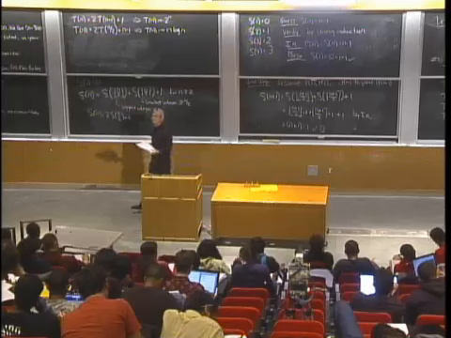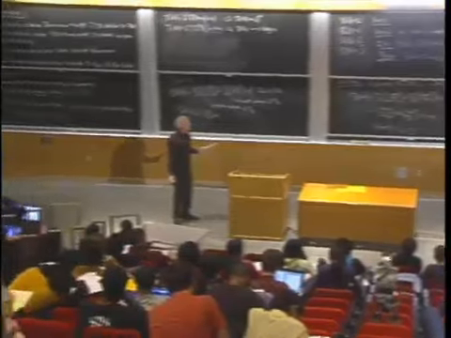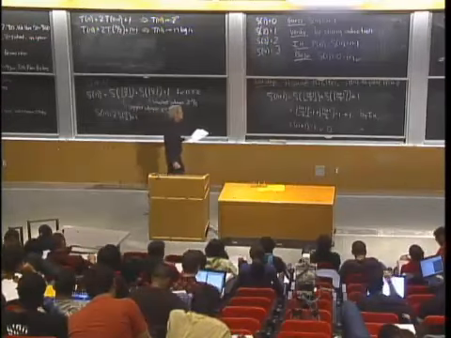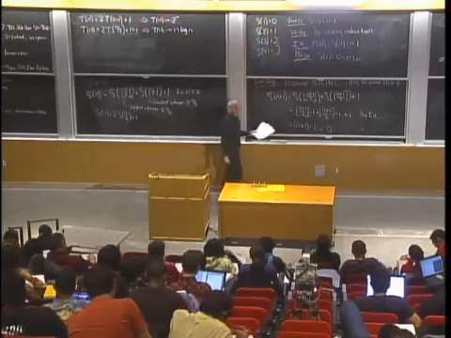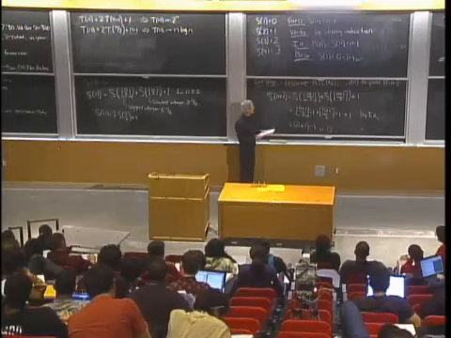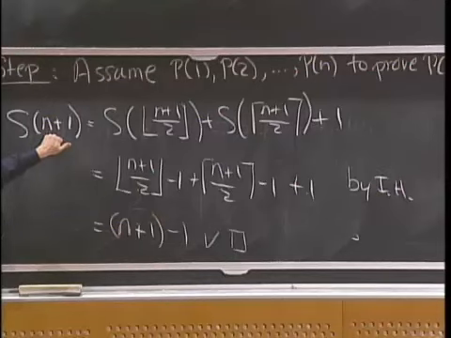Why do you treat the whole thing in the floor brackets as the quantity n and you stick on the minus 1, as opposed to, say, making the n within that be n minus 1? Let's see. I'm not sure. So are you asking why I started with S of n plus 1 here?